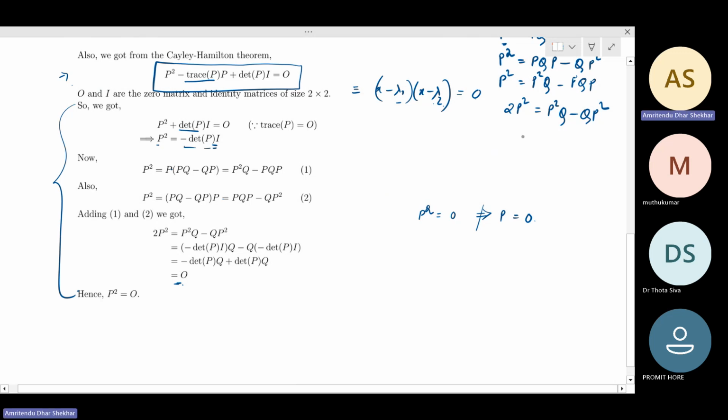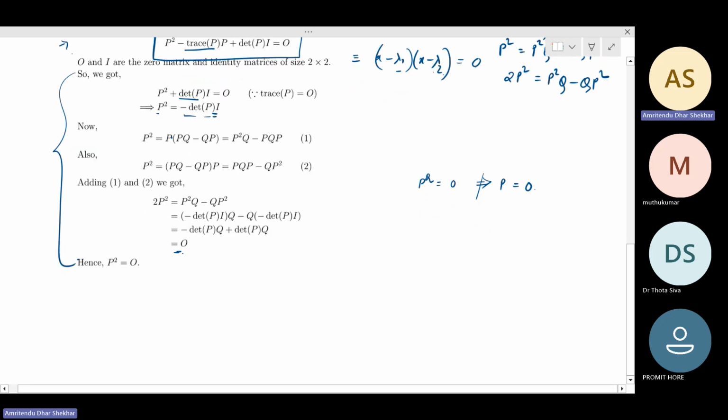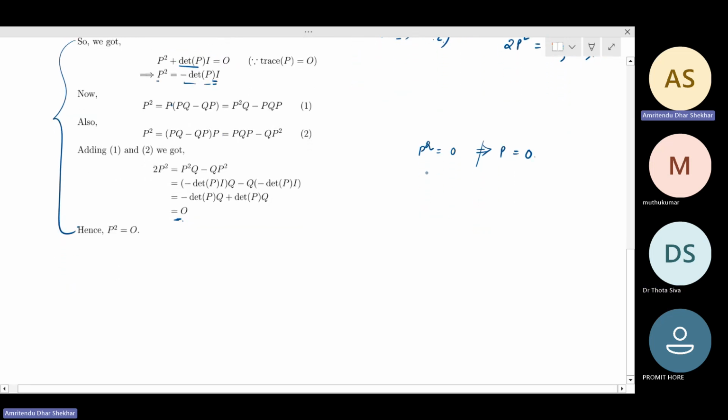So you asked whether if P squared is equal to 0, then P need not be equal to 0. A simple counterexample would be like this. Let's say you fix two bases E1 and E2. You set P E1 equal to E2, and you set P E2 equal to 0. So this is a rank 1 matrix.